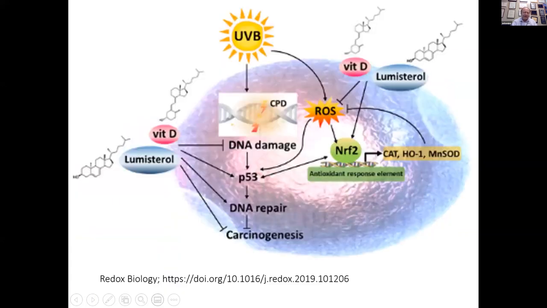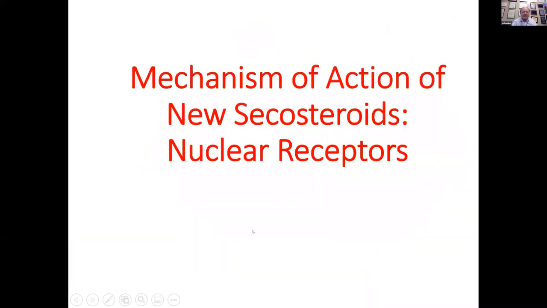This was published in a few other papers, Redox Biology, but this also supports the concept of vitamin D hydroxy derivatives and lumisterol, through the action on NRF2 and downstream enzymes, inhibiting the reactive oxygen species, then the DNA repair mechanism through the P53 phosphorylation and translocation, DNA repair, inhibition of carcinogenesis.